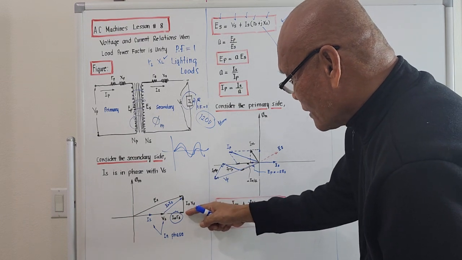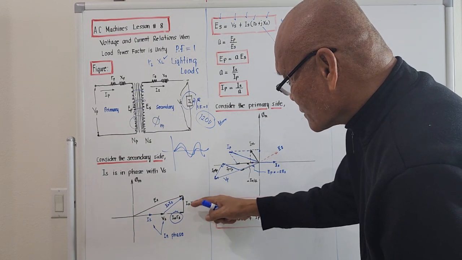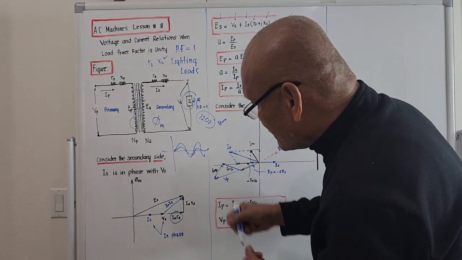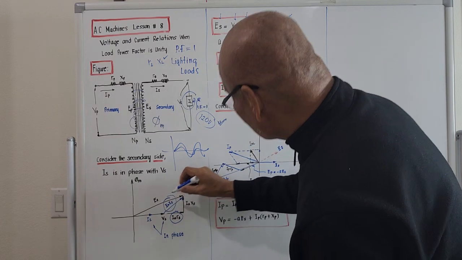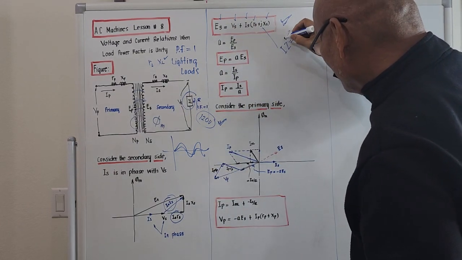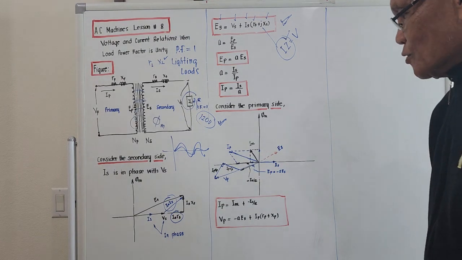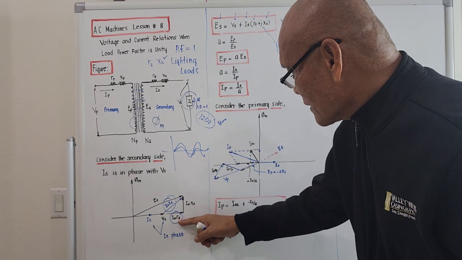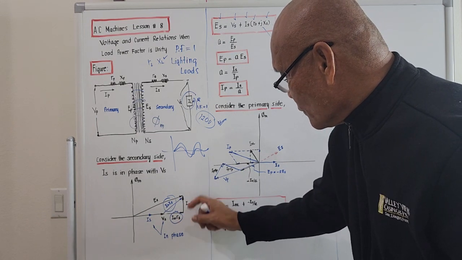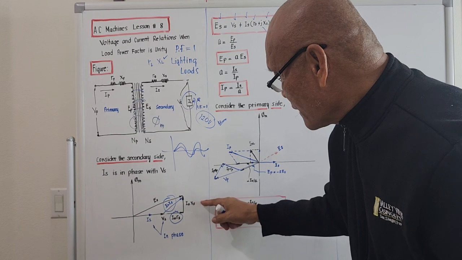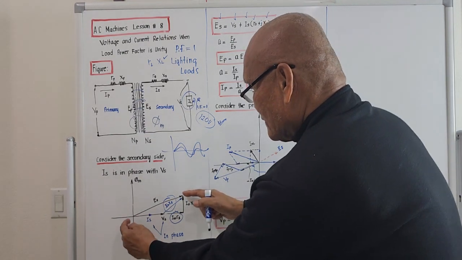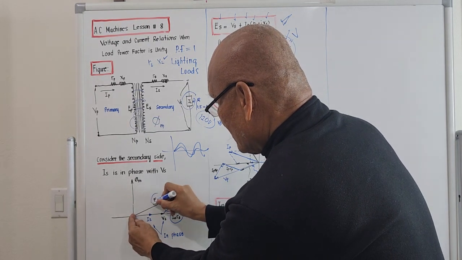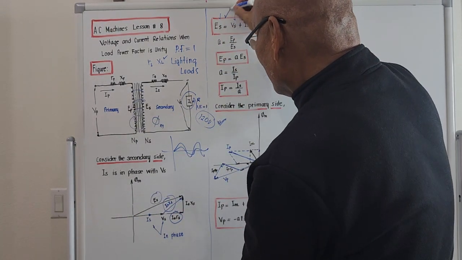So this is actually the product of I sub S and X sub S. So if we add this BS plus ISRS vectorially with ISXS, this will now be ES, this biggest arrow, this one.